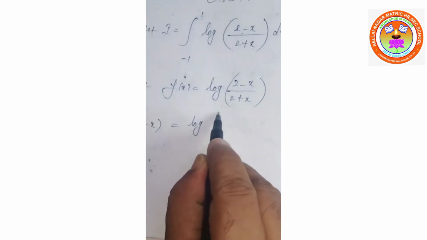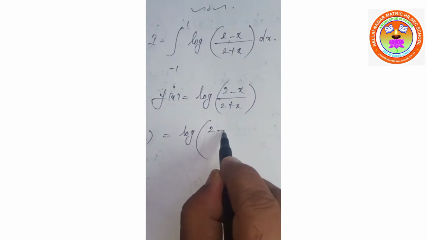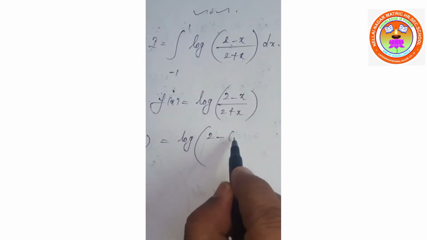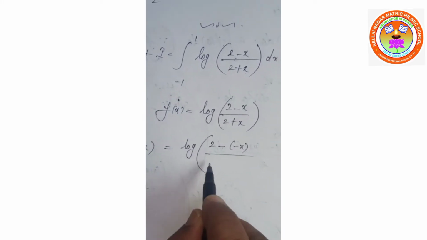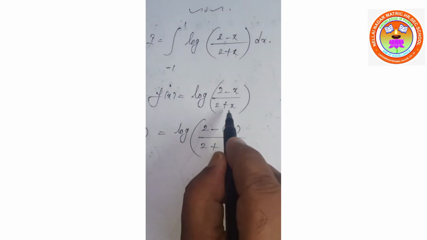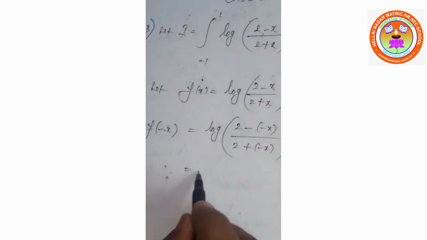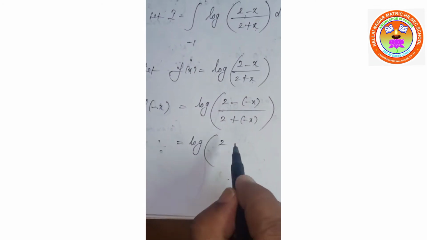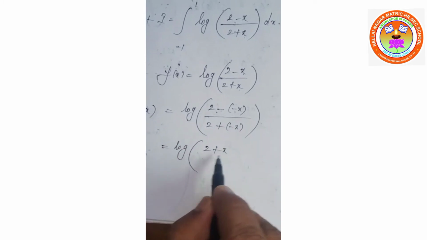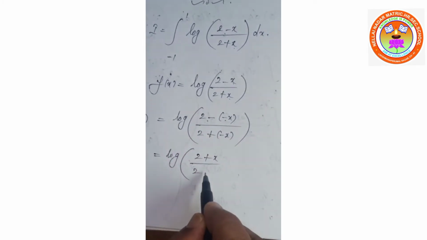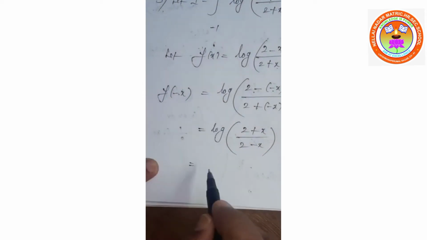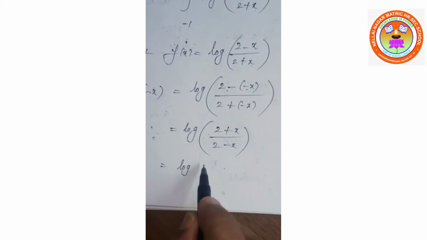Log of (2 minus (minus x)) divided by (2 plus (minus x)), which equals log of (2 plus x) by (2 minus x).